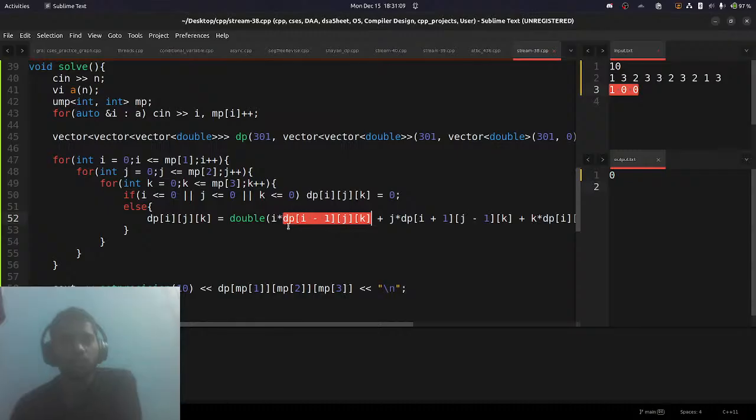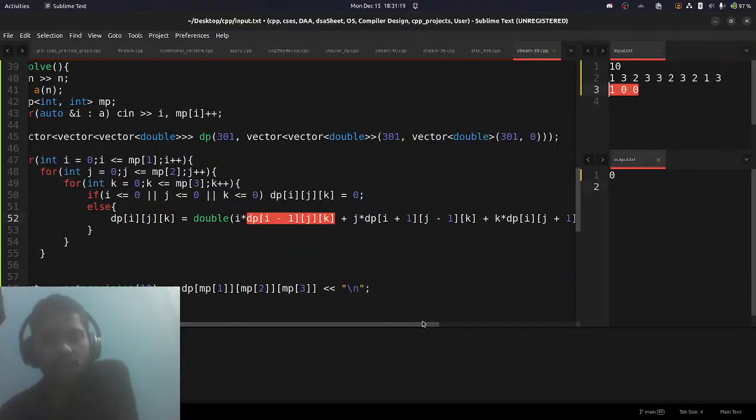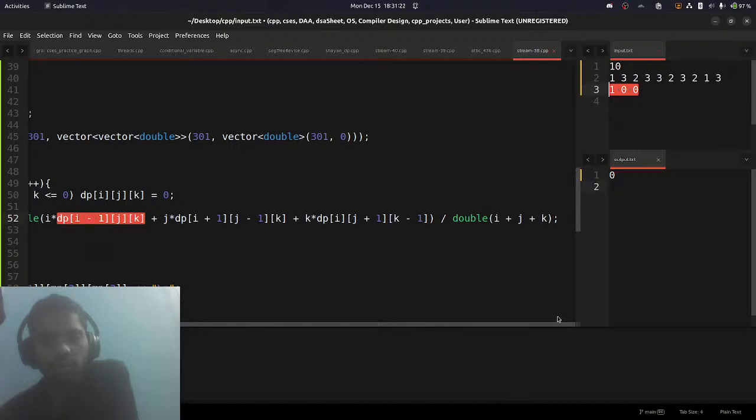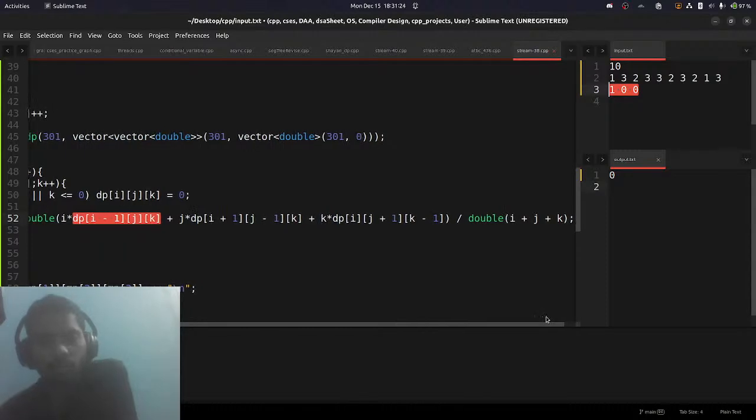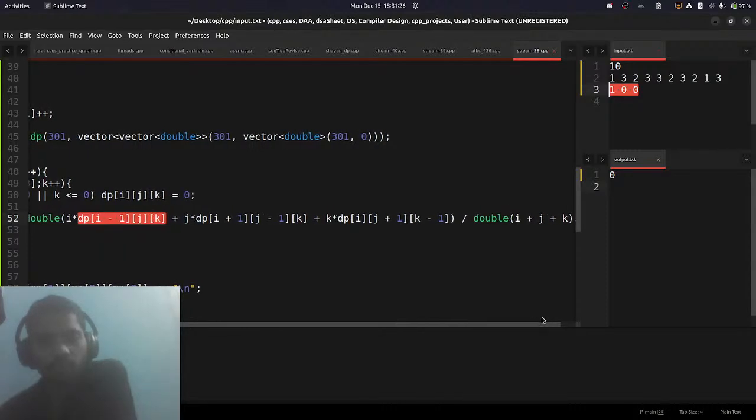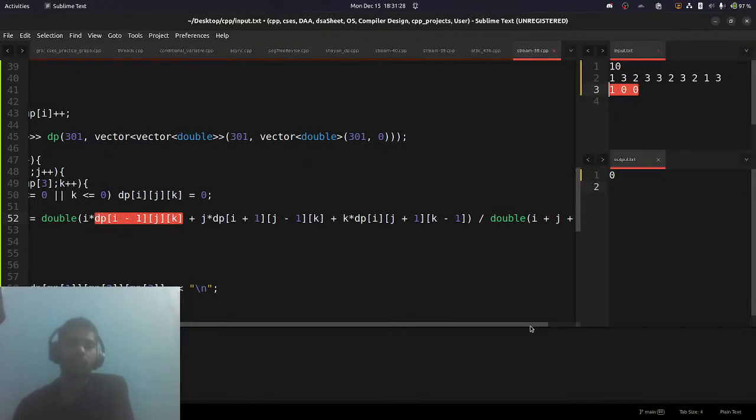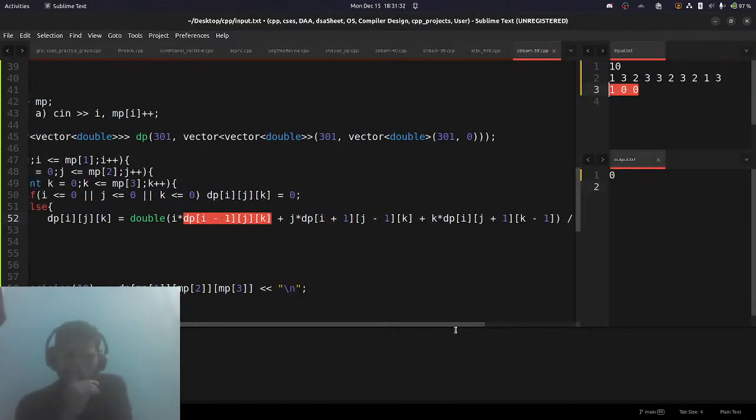Okay, so the entire thing will be 0, but the answer is not 0 because we have one way, right? So in that case, maybe I should add that as a base case.